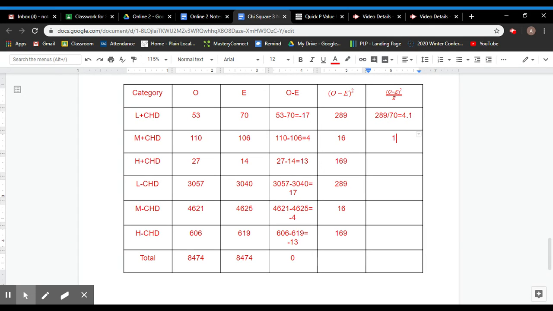Next, we do 16 divided by 106 equals 0.15. 169 divided by 14 equals 12.1.